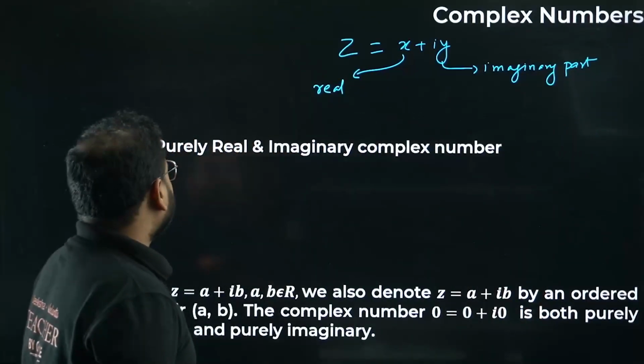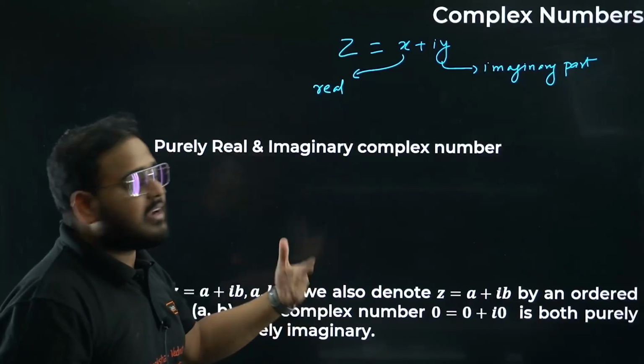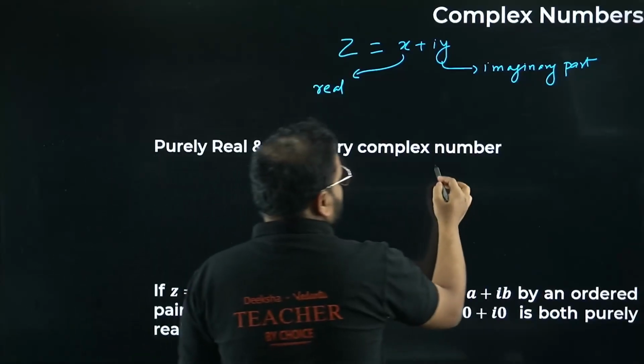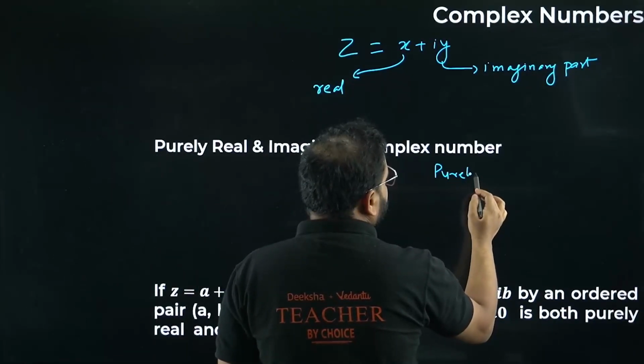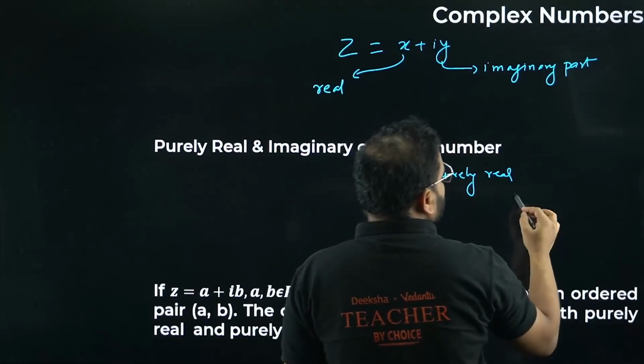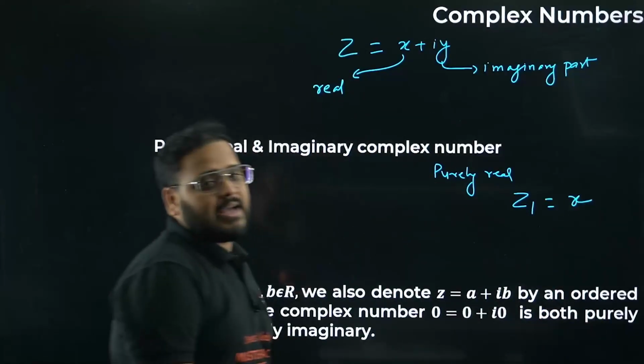Now if you look at purely real and purely imaginary complex numbers, if I talk about only a purely real number, what will happen? You will not have this part. So z1 equals only x, only x will be there.